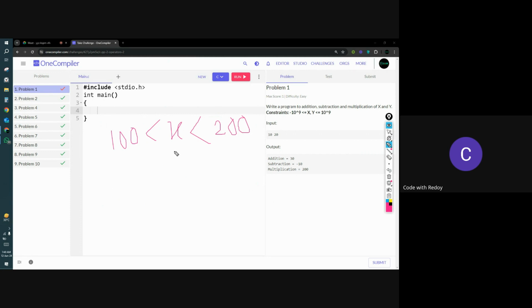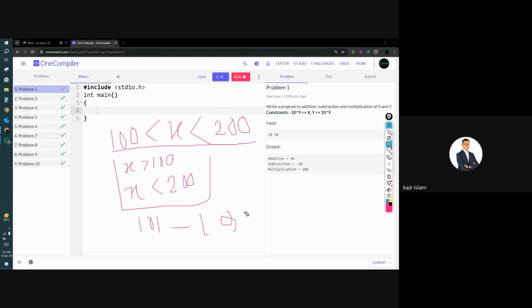But tell me the range of values that x can be. The value can be either 101 up to 199. Yes, you're right. That means for this equation, we can write x greater than 100 and x less than 200. Am I right? Yeah. That means the value can be 101 to 199. Okay.